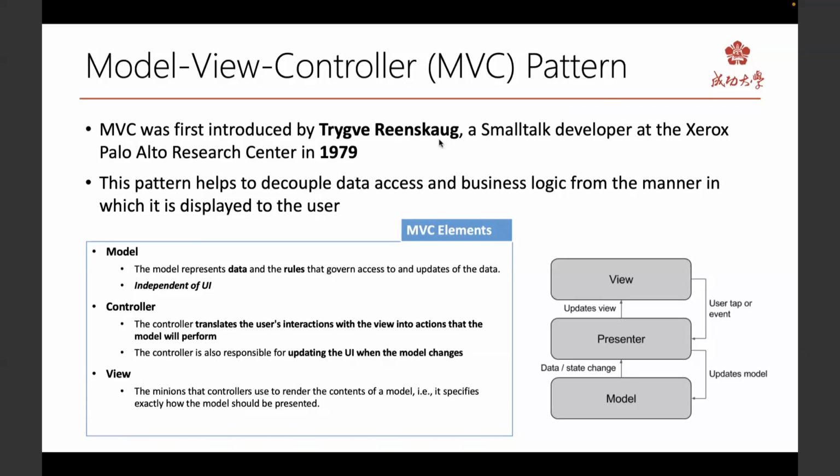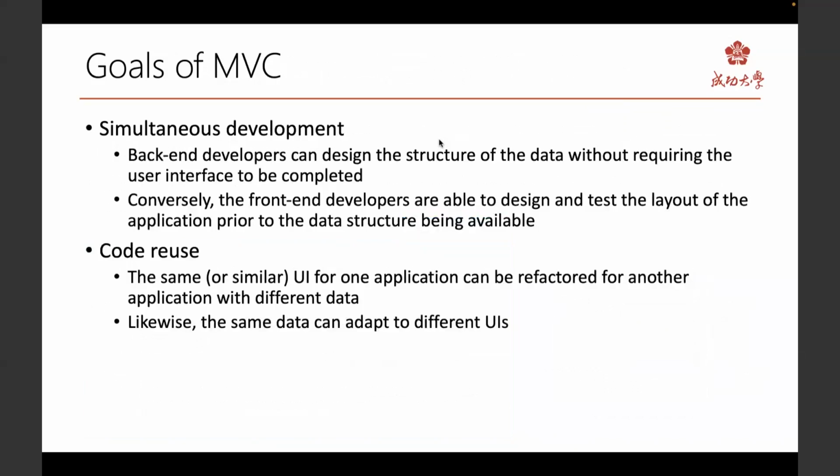And likewise, whenever the model is changed, the controller is also notified, and the controller is going to update the user interface using the classes in the view camp accordingly. So that's the model view controller pattern.